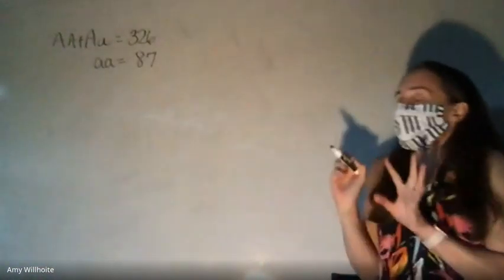Is that dominant? Yes. So on my little thing, I'd be like, okay, the big A plus is going to equal how many? 326. And the little a is 87. At least first know what you're dealing with.